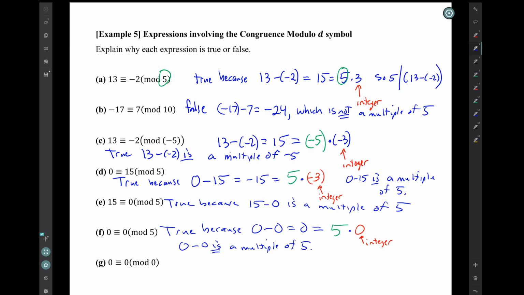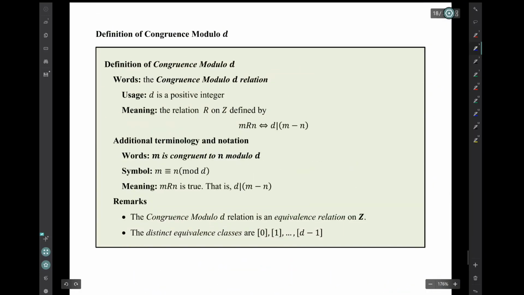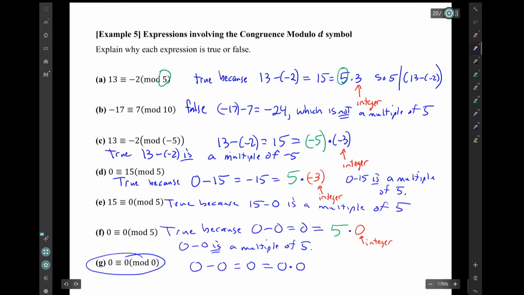Now what about this last one? Now notice that I can write the following equation. So 0 is a multiple of 0. But the thing is, when you go back up and look at the congruence modulo d relation, the thing that's playing the role of d has to be a positive integer. So this is not allowed.